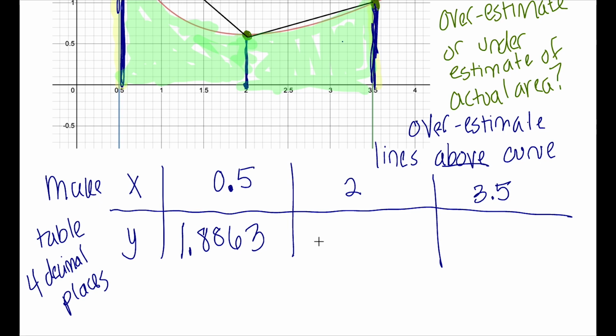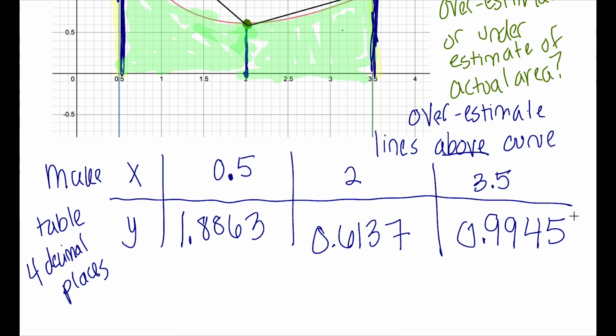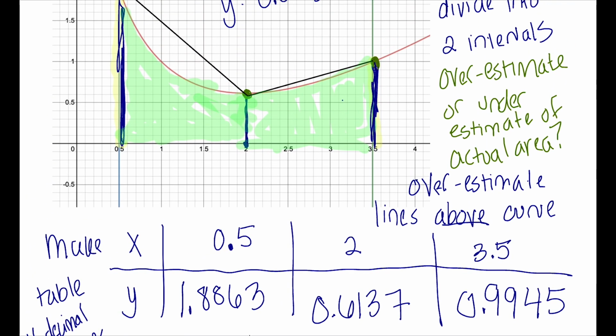If I plug in 2, I get 0.6137. And if I plug in 3.5 to 4 decimal places, 0.9945. We also need to find h. Now, normally we think of h as going up and down, but h is actually the height of the trapezoid.